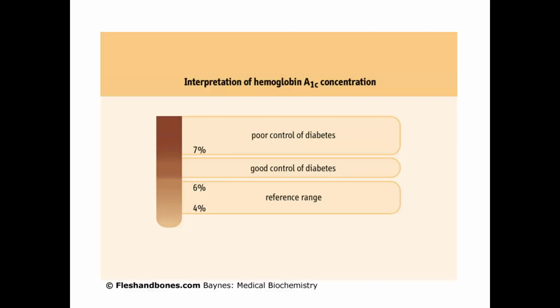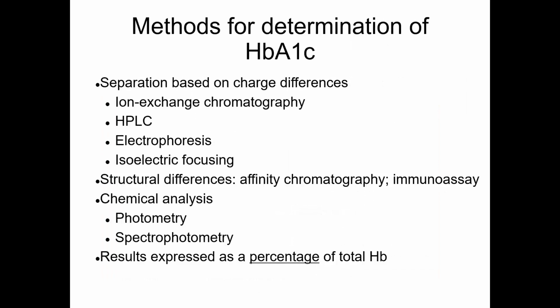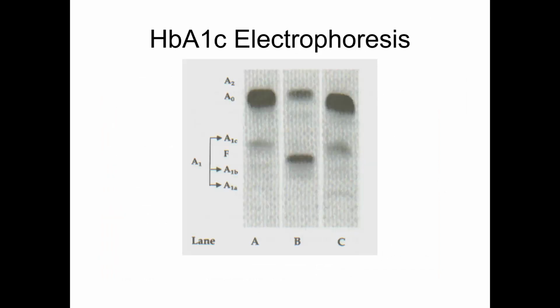So going back to this, again, 7% of the total hemoglobin is A1c, then that would indicate poor control of diabetes. So this shows the three fractions, so A1c, A1b, and A1a, and you can see this is just one method of evaluating levels.